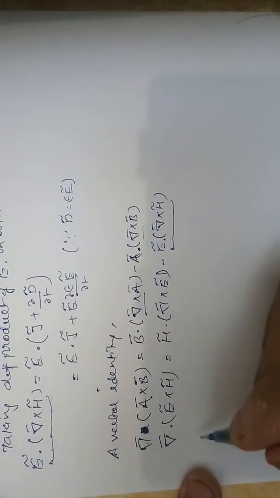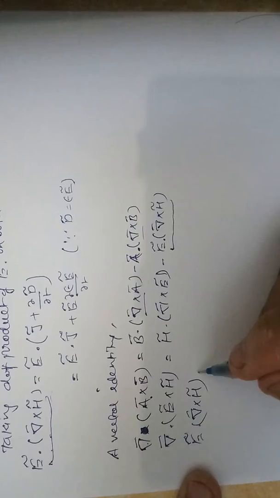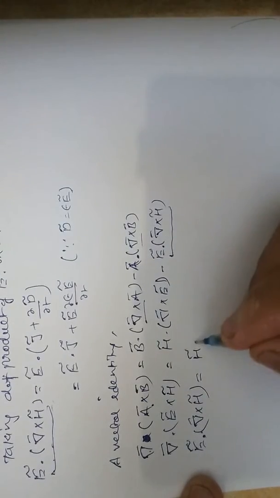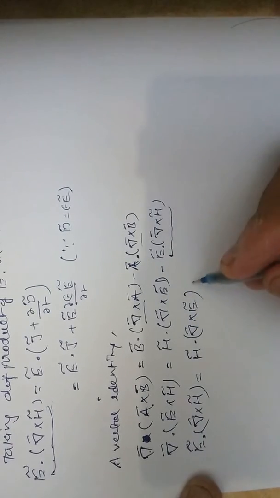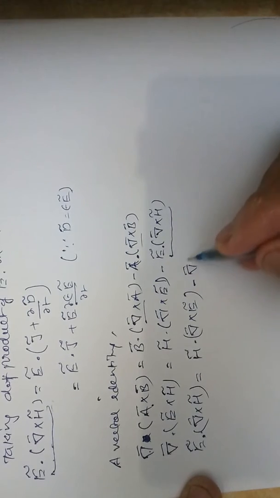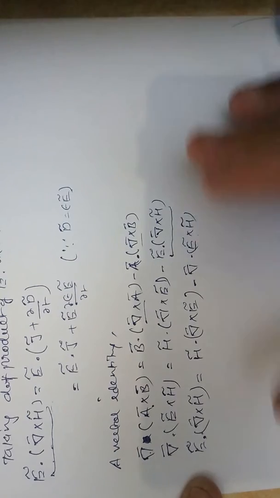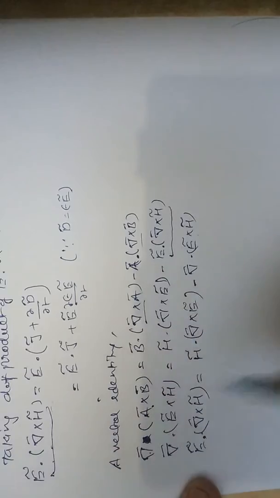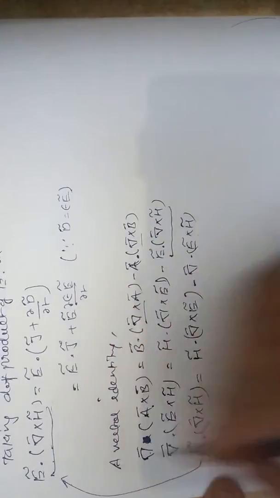The value will be: E dot del cross H is equal to H dot del cross E minus del dot E cross H. So I can put this value in this equation.